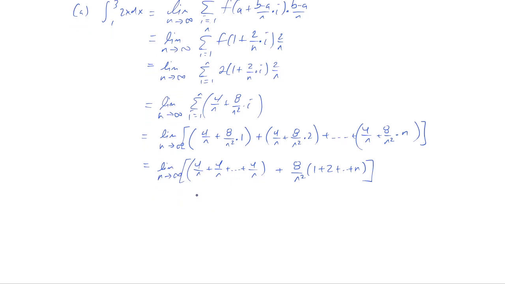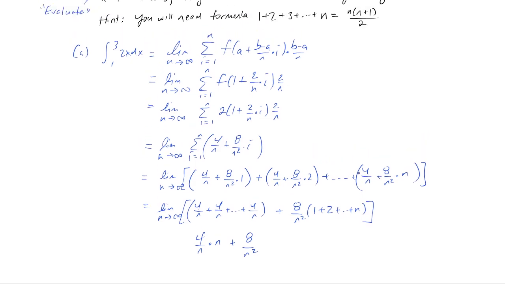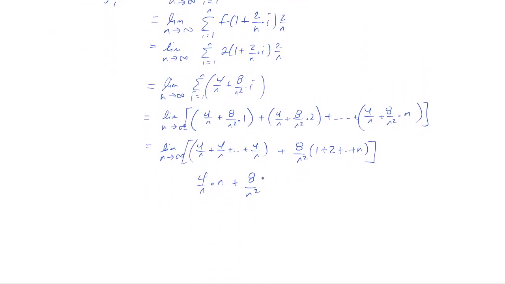So there's n of these, so it's going to be 4 over n times n. And then we're going to use the formula here. So 1 plus 2 plus all the way up to n is n times (n plus 1) over 2. Almost done here. This is just 4, and this is, if you work it all out, it's going to be 4 plus 4 over n.